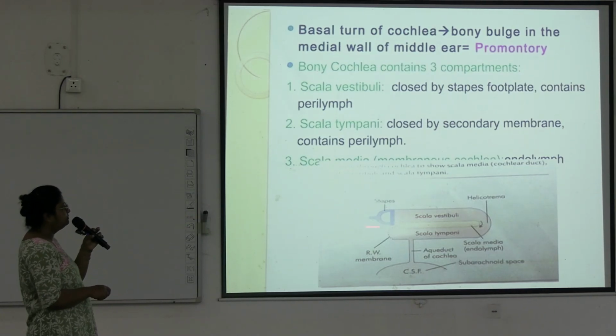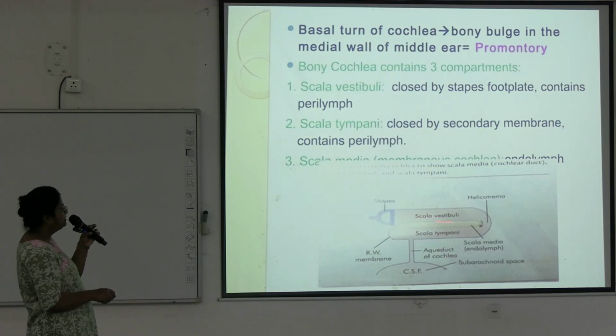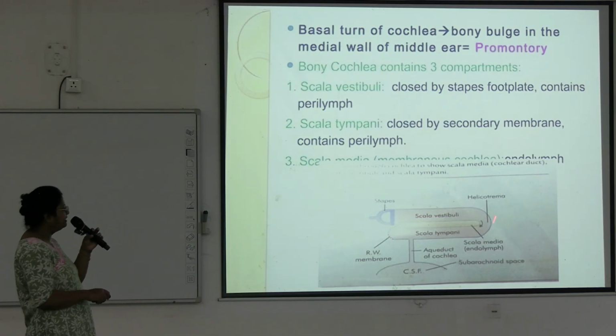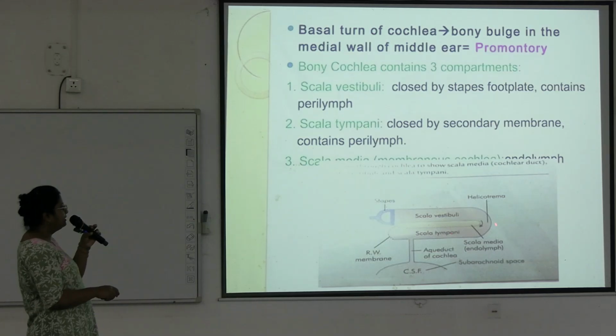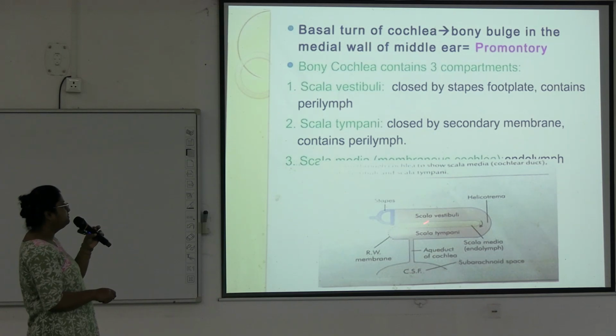Helicotrema is a narrow passage near the apex of the cochlear duct through which the scala vestibuli and scala tympani are connected. After passing through the helicotrema and entering the scala tympani, during its passage it influences the organ of Corti lying within this scala media.